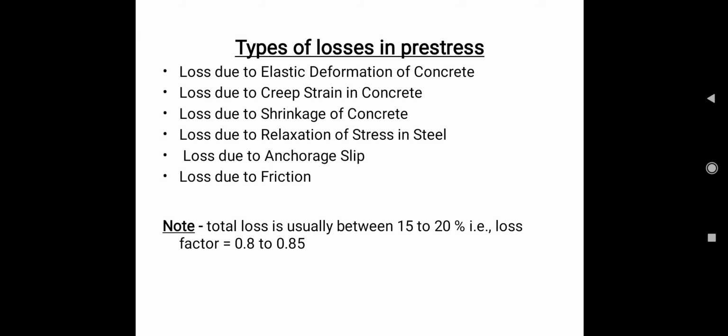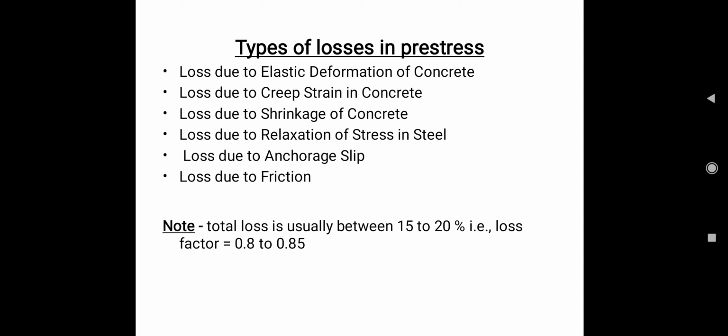Now let us see what the different types of losses are, how the losses occur, how these losses can be calculated, and how to counter the losses. So, different types of losses in prestress. There are 6 losses which will occur in prestressing of concrete.